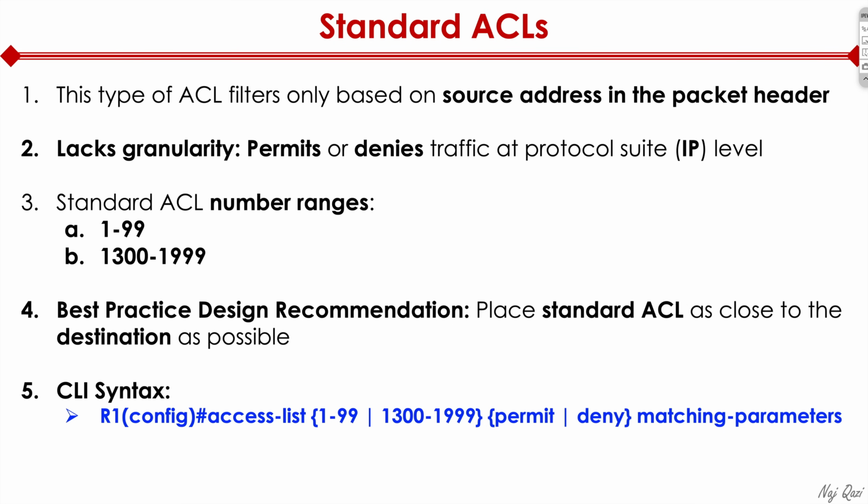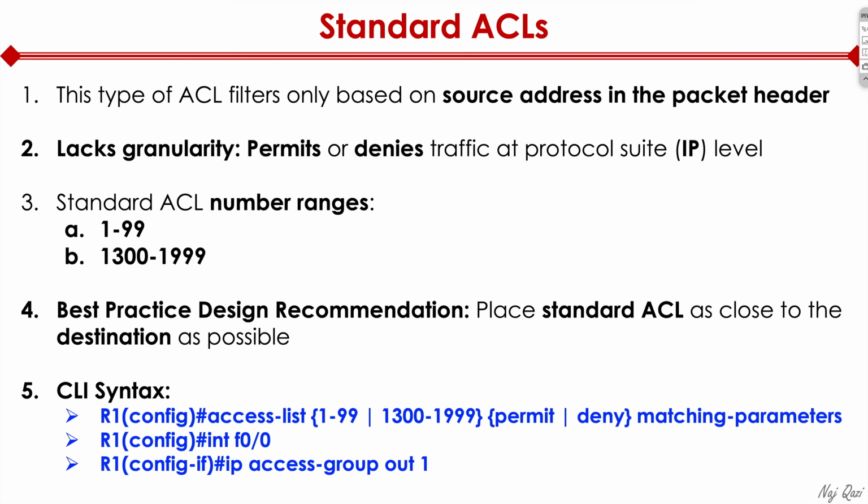So the first step is the creation of the access list. Once the access list has been created, the next step is that we go to the interface and apply it to the interface. So in this scenario here, we're saying interface fa0/0, ip access-group 1 out, where 1 happens to be our ACL number.